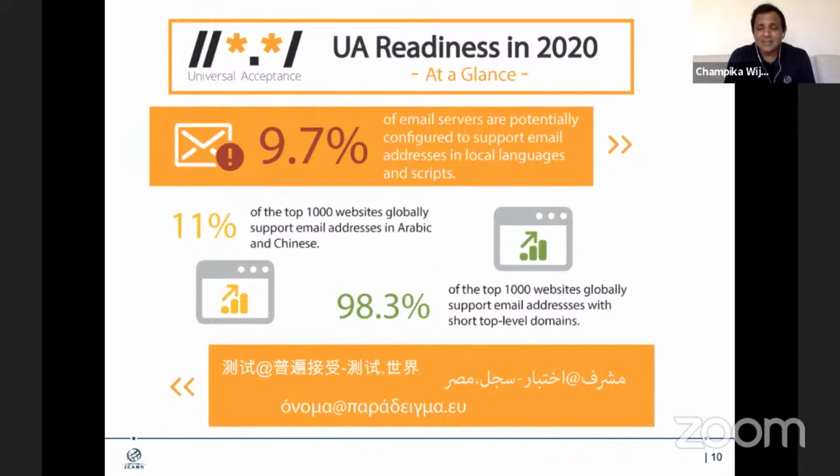So less than 10%. This is why we really have to, especially as sysadmins or network operators or whoever it is, if you are dealing with domains or mail servers, make sure that your mail server software can support these, and your operating systems can support them, and so on, right?